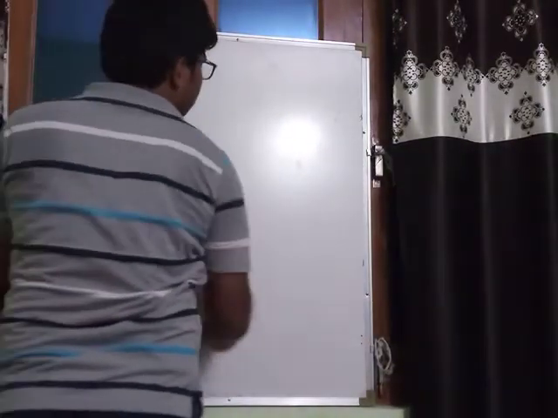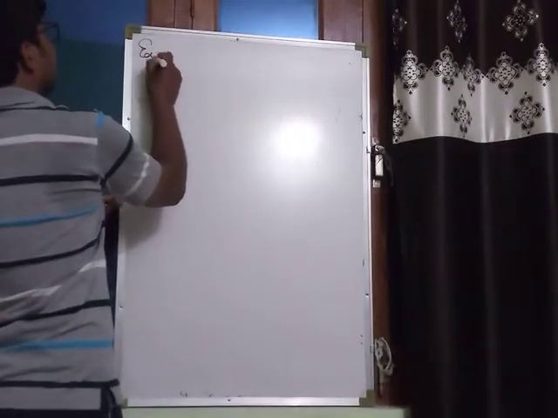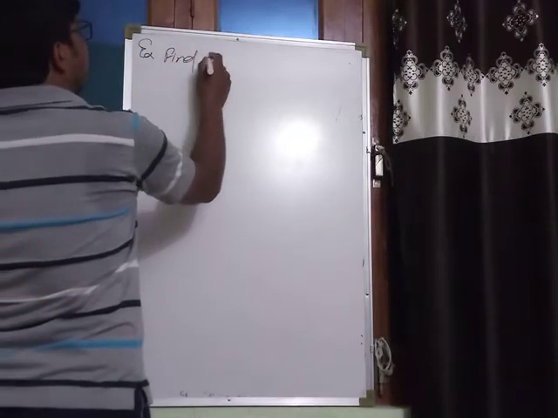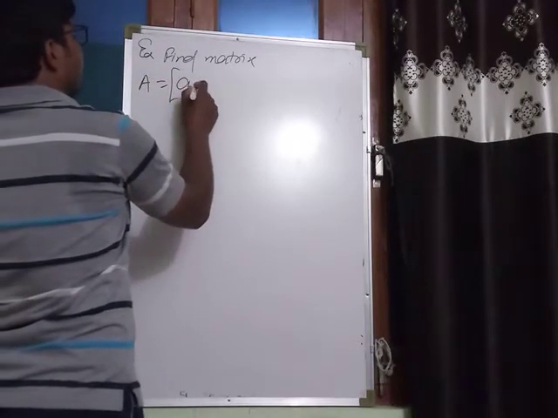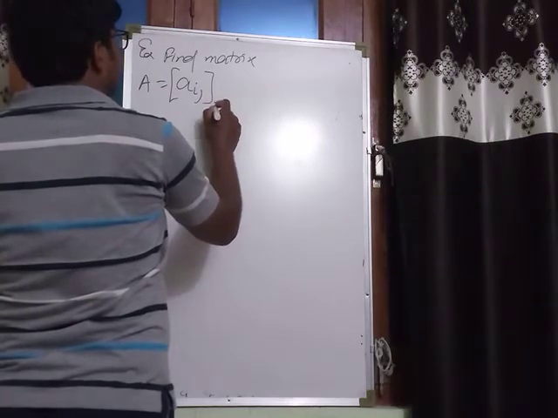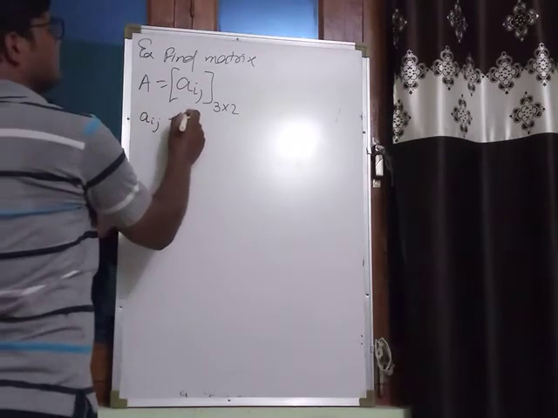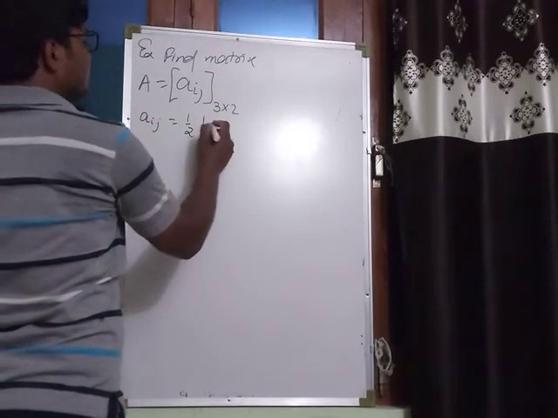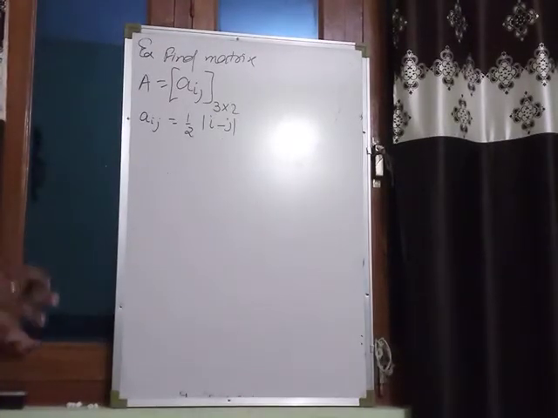Another example, find matrix Aij of order 3 by 2, where Aij is defined as half of mod i minus j. कुछ भी दे सकता है.